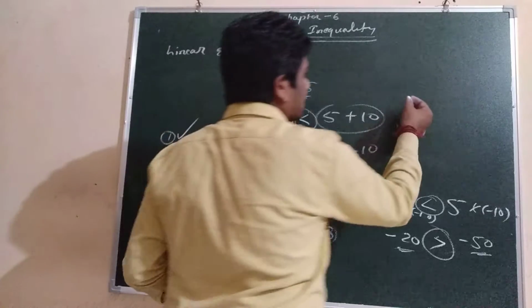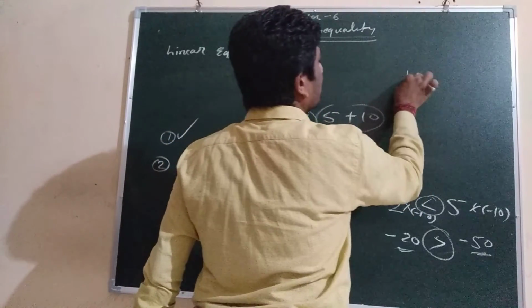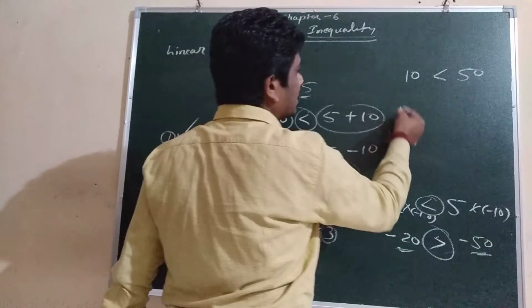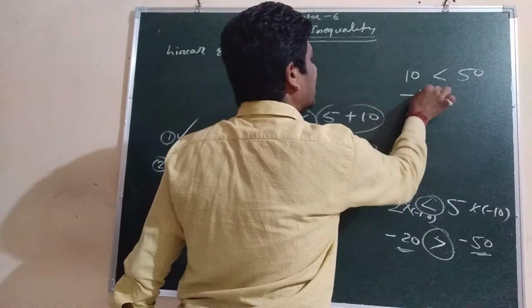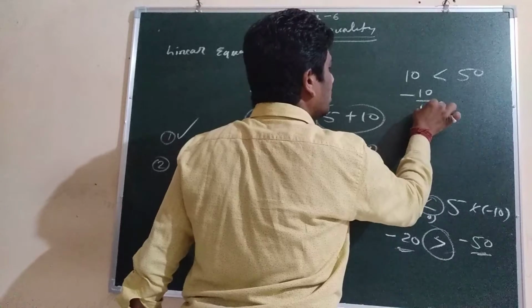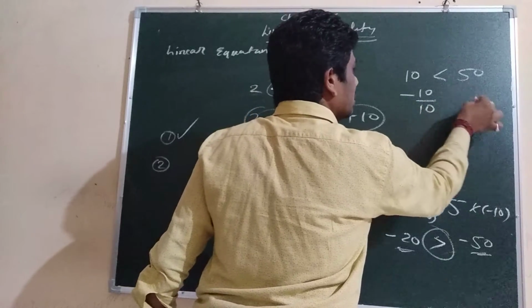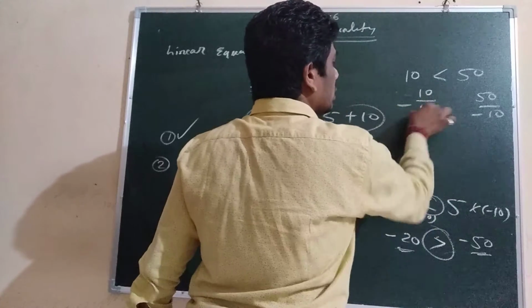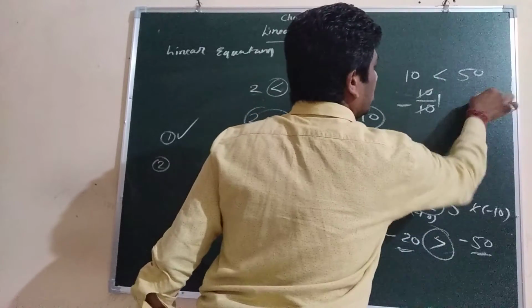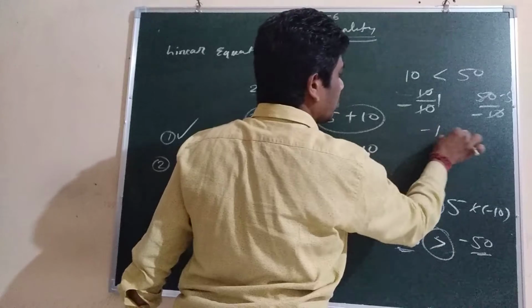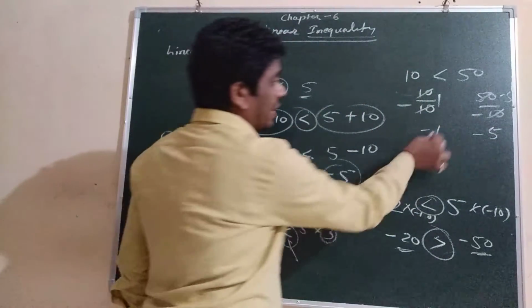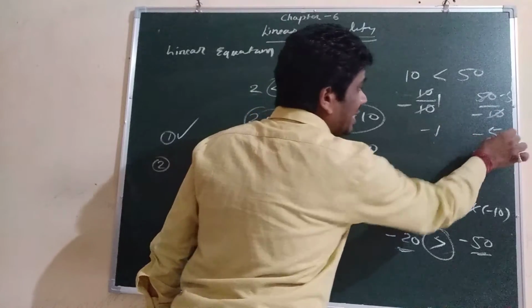For example, let's take divide also. If 10 and 50 are given, and we divide by minus 10, it will be minus 10 upon minus 10 and 50 upon minus 10. So this will be minus 1 and this will be minus 5. Now you relate: here minus 1 will be greater than minus 5.